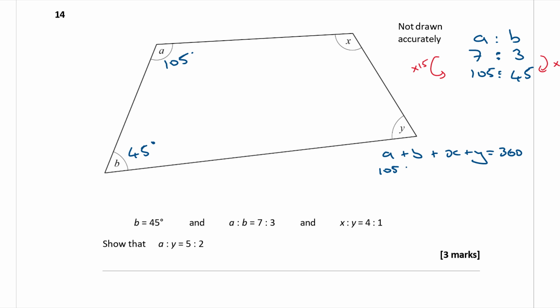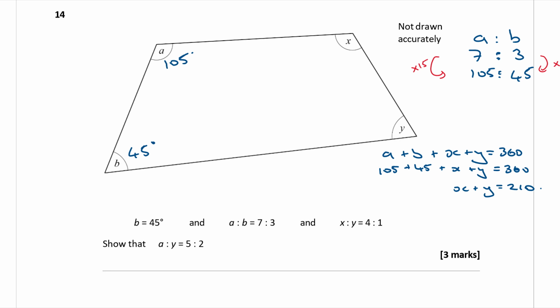So 105 plus 45 plus our unknowns x and y must be 360. So 105 and 45 together, that's 150. And if I take 150 away from both sides, then that tells me that x plus y must be 210.